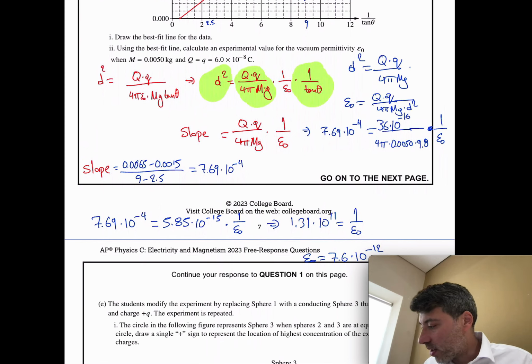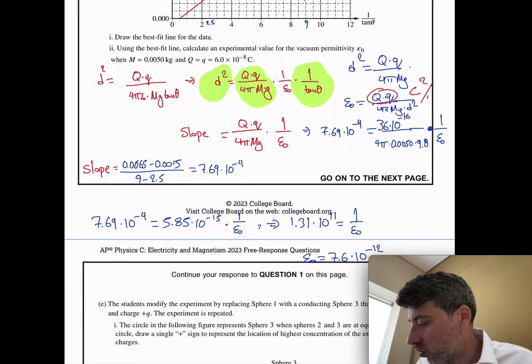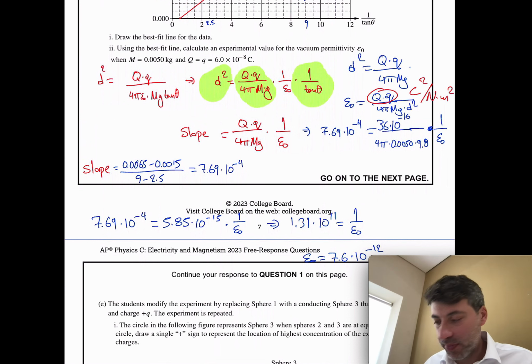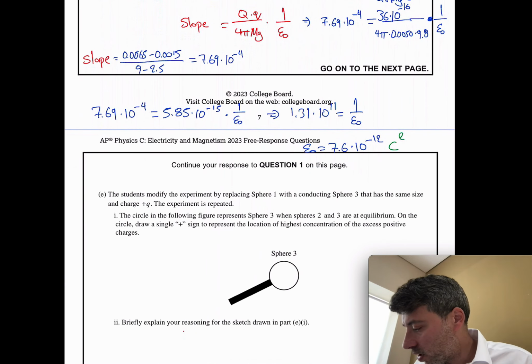Now, the charges are Coulomb to the power of 2, mass is kilogram. Actually, I'm not going to say mass times g, I'm going to say mass times g is a force, so Newton, and the distance to the power of 2, so Newton times meter to the power of 2. So we go back and we say Coulomb to the power of 2 over Newton times meter to the power of 2.